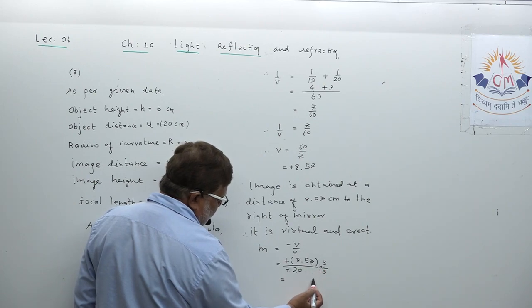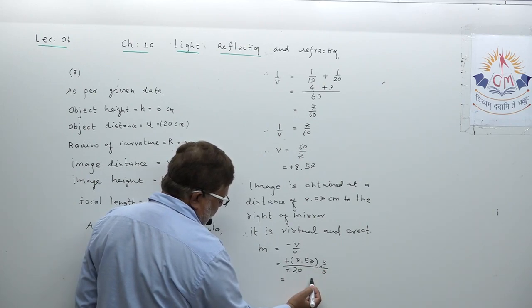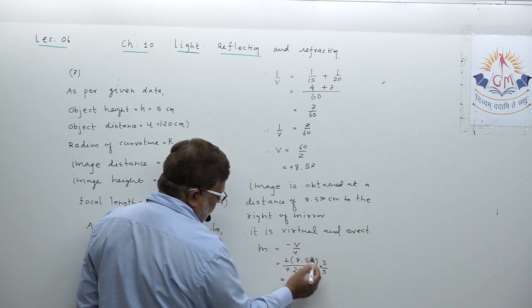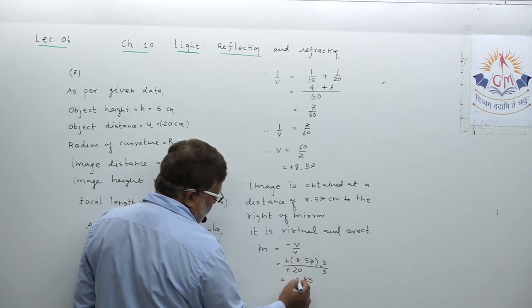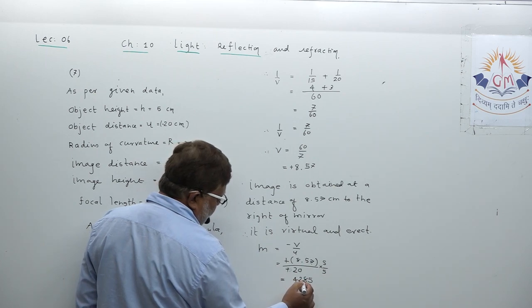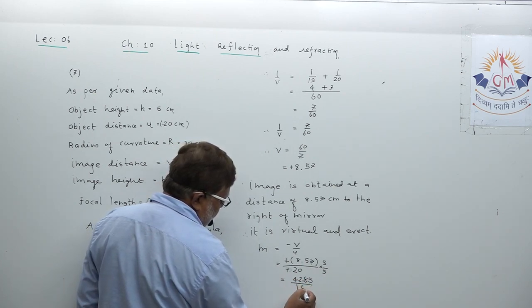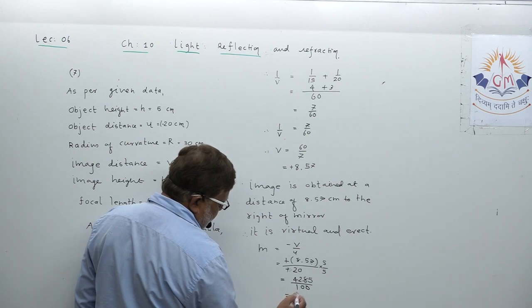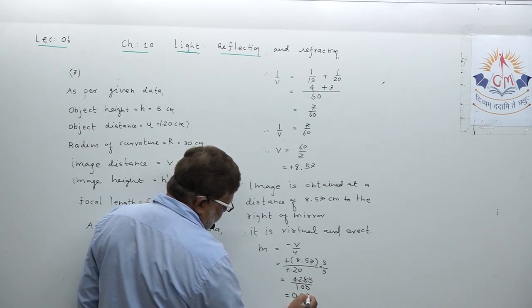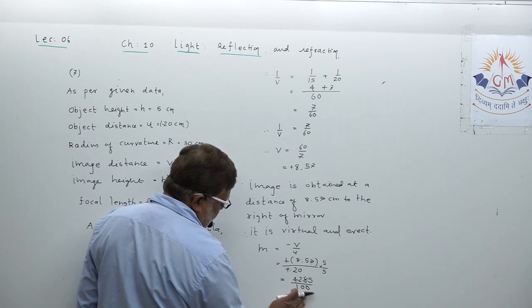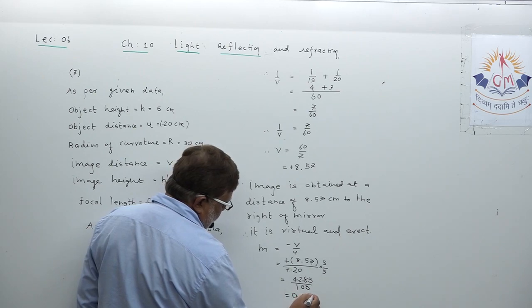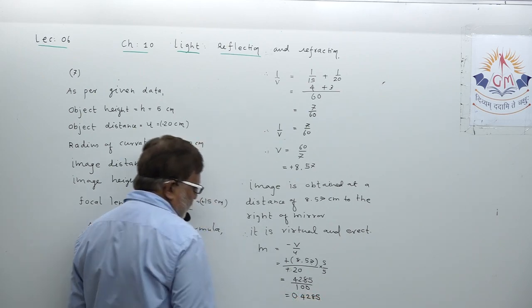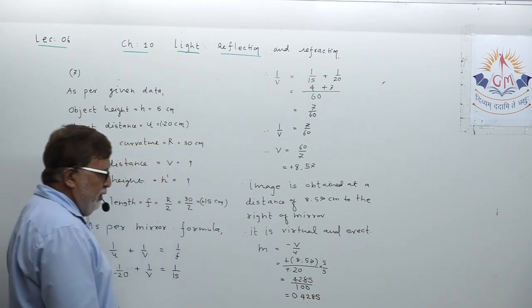This is 5 7s are 35, 5 5s are 25 plus 3 is 28, 2 carry 5, 8s are 40, that is 42.85 upon 100. Let us shift the decimal this way, okay? 2 places of decimal to be shifted, 0.4285. This is the value of magnification we got.